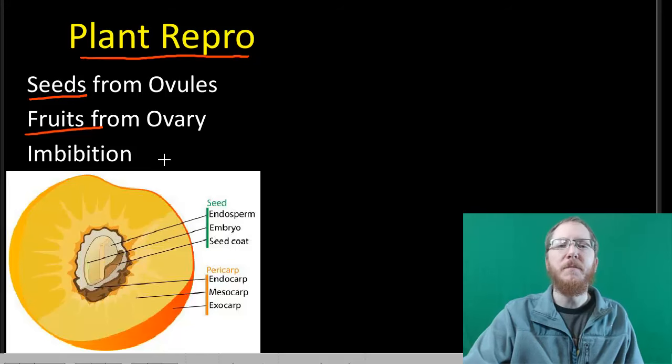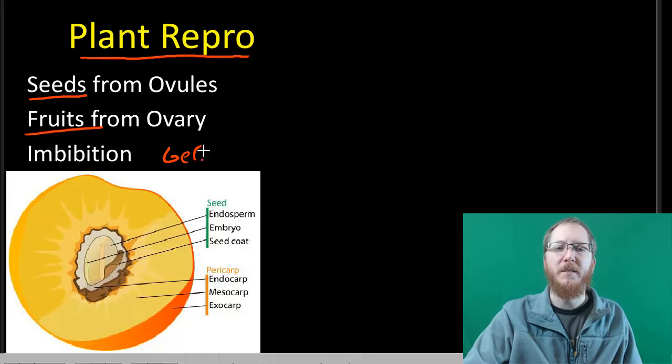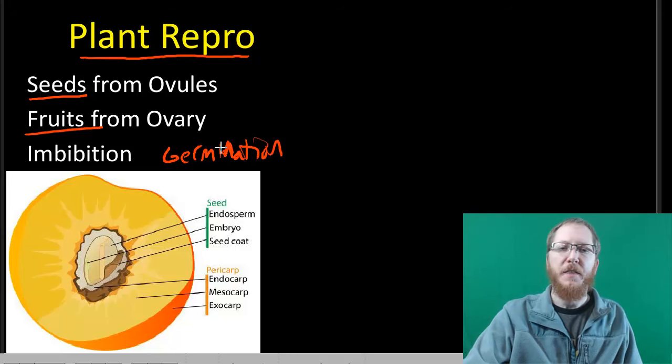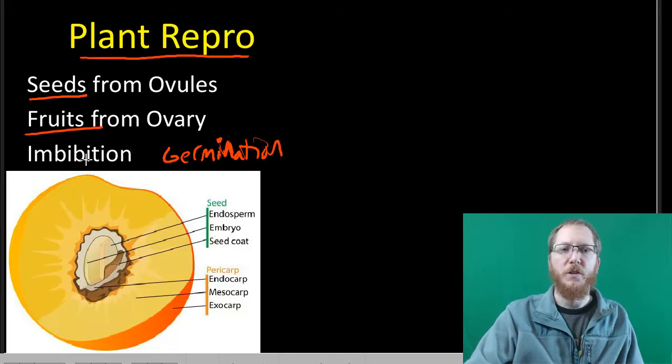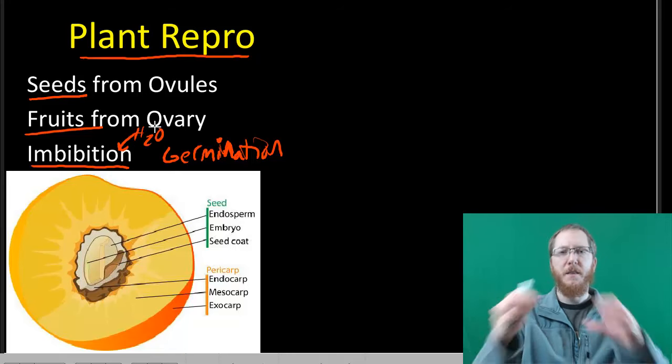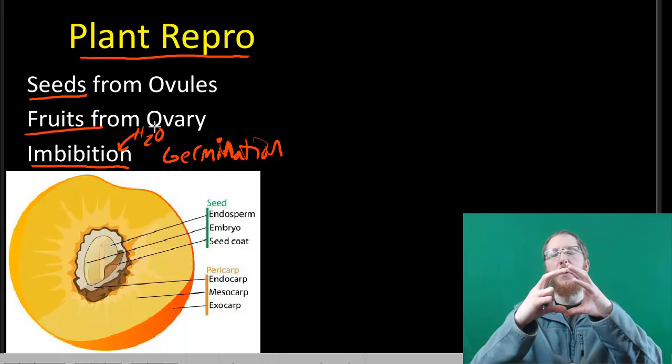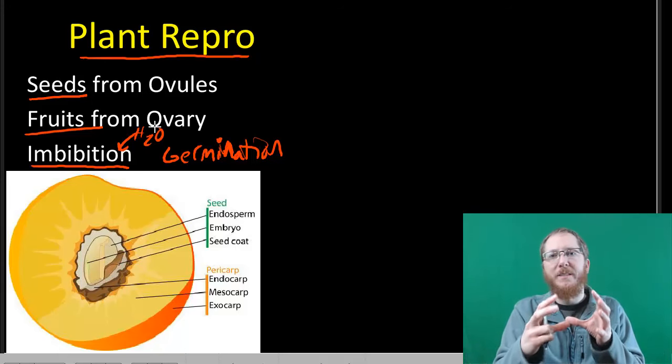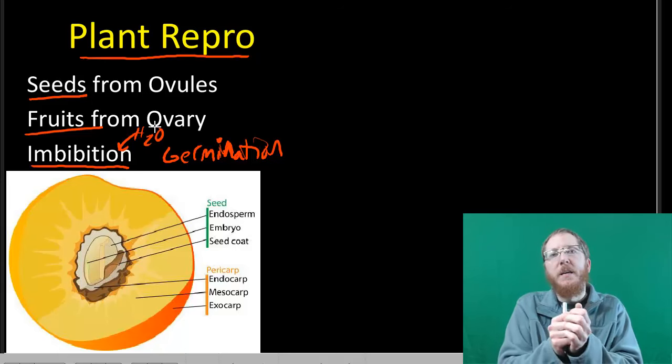And then the seeds themselves will go through a process. If they're lucky enough to land in good conditions, they will go through germination, which is where they do imbibition. Imbibition just means taking in a whole bunch of water to break the outer part of the seed, called the seed coat, and allow the embryo inside, that baby plant, to start growing.